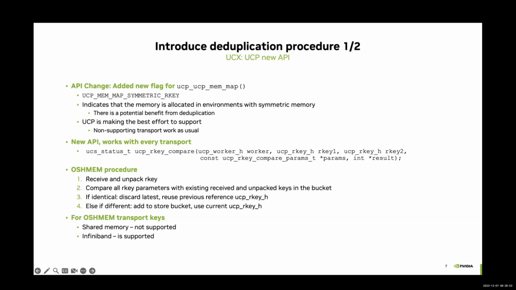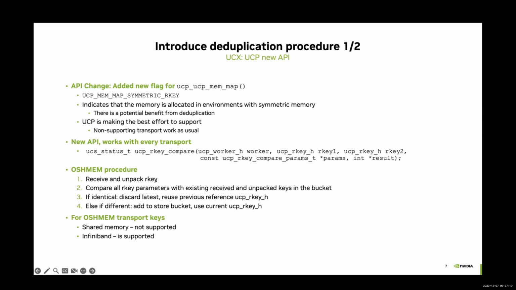What this API gives us for OpenSHMEM, for example, is that during the OpenSHMEM bootstrap, when the application is initialized, we perform the exchange of the rkeys.